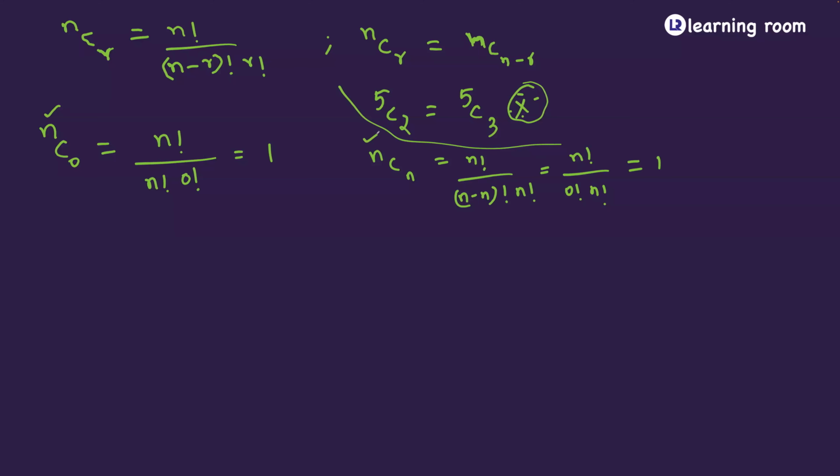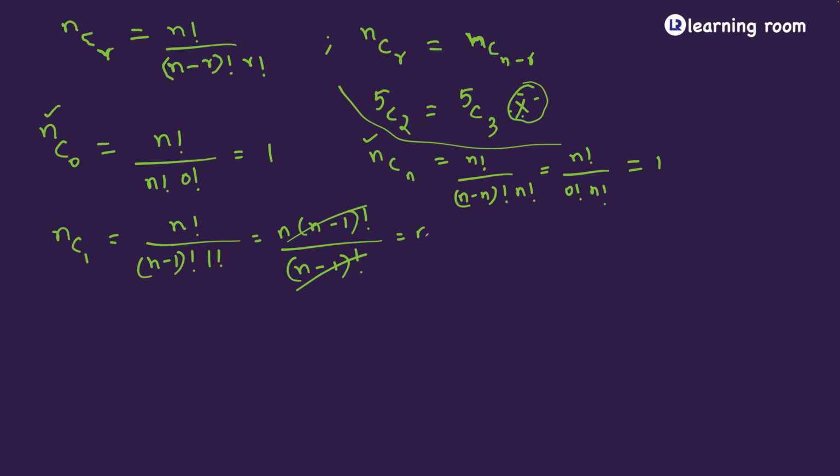Now tell me what is going to be the value of nC1. It will be n factorial divided by (n minus 1) factorial into 1 factorial. It is n into (n minus 1) factorial divided by (n minus 1) factorial. This and this will get cancelled. You're going to get n. Similarly, what is going to be nC(n minus 1)? Why did I write nC(n minus 1)?